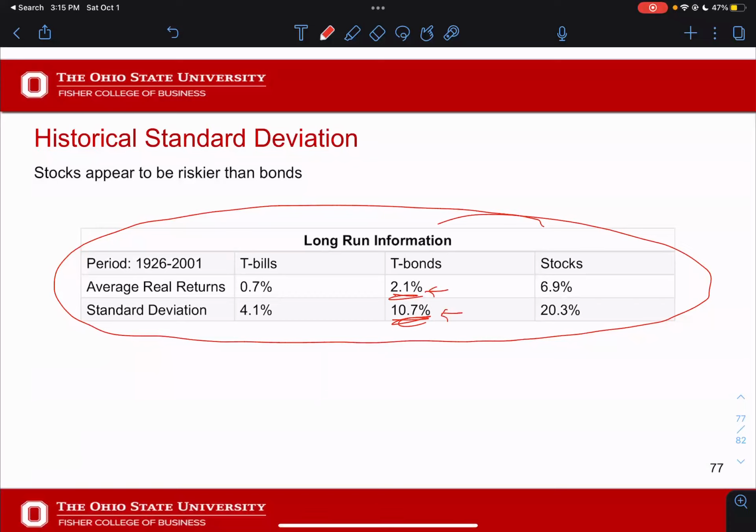The treasury bond is actually very high. Higher return, higher standard deviation. So there is even some research that finds that if you use the treasury bond for the risk-free rate, the risk premium that is well documented in the literature does not really exist.